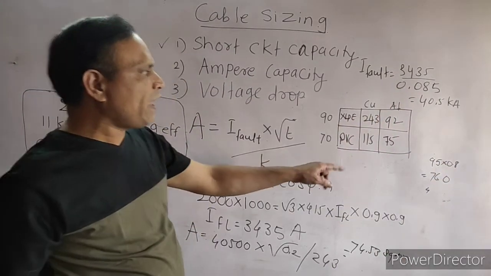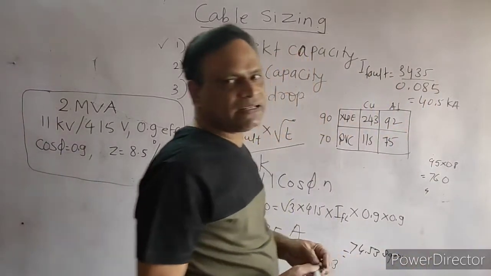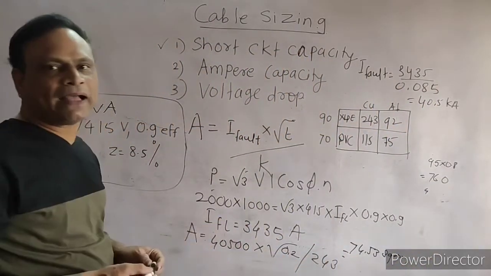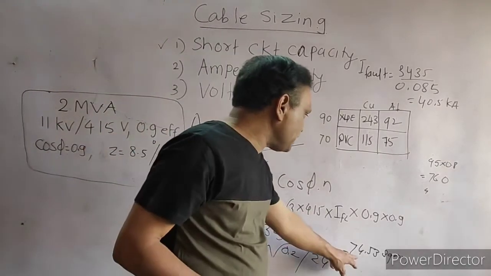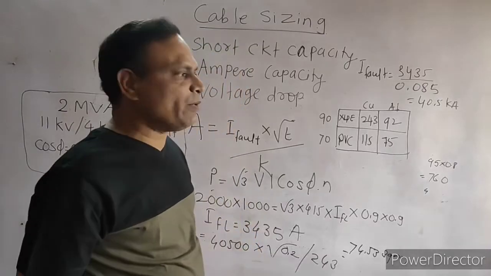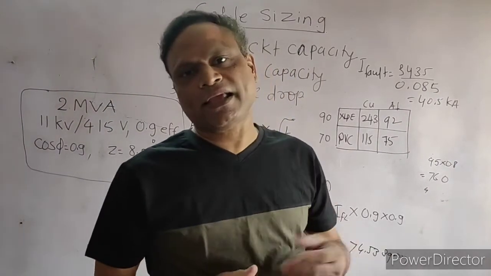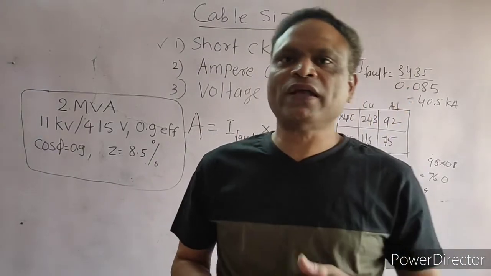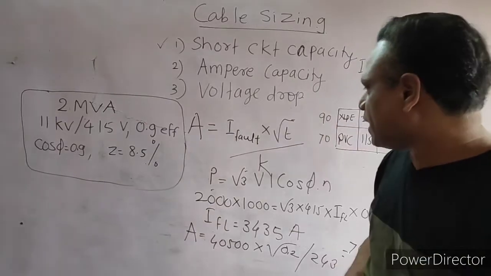So we can say that this cable carries a current of 76 amperes at the maximum under the worst condition. We have to select a cable of 74 square mm, and instead of selecting a cable of 74 square mm, we are selecting a cable of 95 square mm.